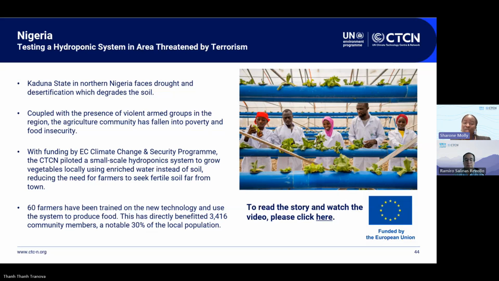And so this hydroponic technology has allowed for an alternative. Instead of the traditional ways of going to far land farms, the people are now able to actually practice a hydroponic system. And this was done in Kaduna State and was funded through one of our flagship programs called the EC Climate Change and Security.